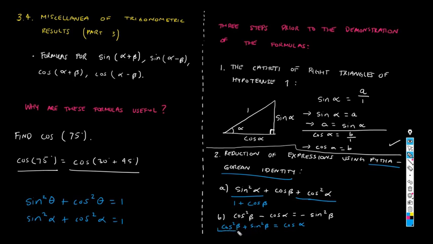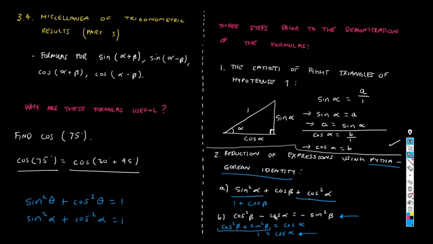And one more time, as you can see, all of this, according to my Pythagorean identity, is going to be equal to 1. So all of this reduces to 1, which will be equal to cosine of alpha. So this equation, in the end, 1 equals cosine of alpha, is completely the same as this equation, but in a reduced way.